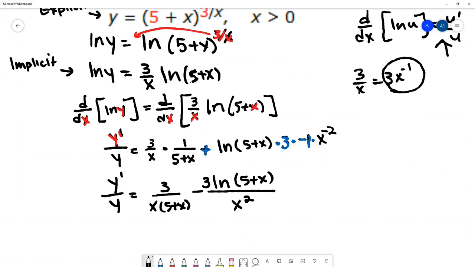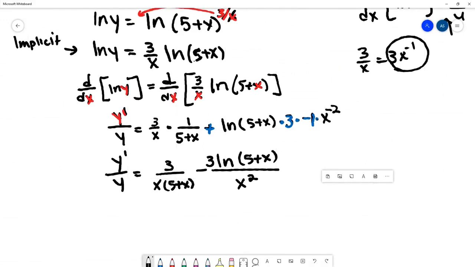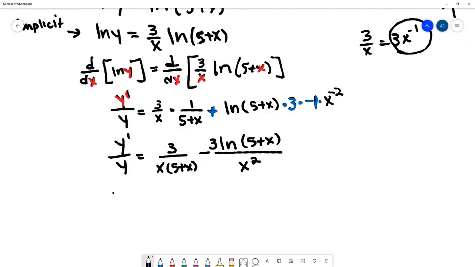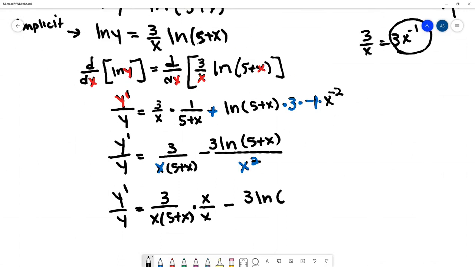So now what I want to do is to combine the right-hand side into a single fraction. I'm noticing that I have a factor of x here and a factor of x squared on the other term. So I need to multiply by 1 factor of x so that I can have x squared on this first term. I'm going to multiply by x over x to get x squared on the first term. For the second term, I'm missing the 5 plus x.